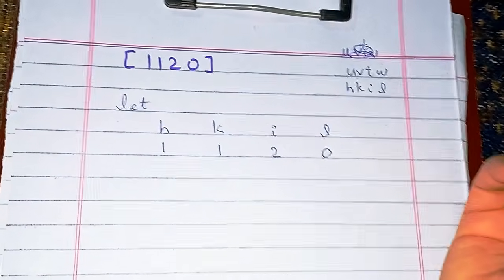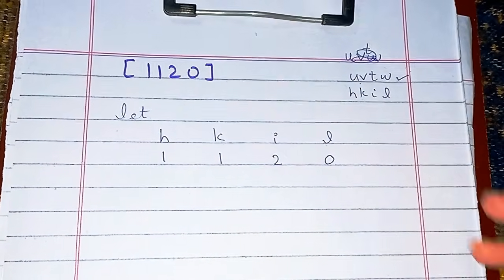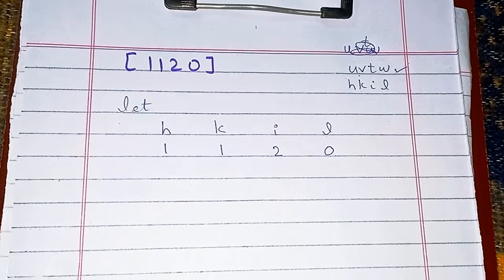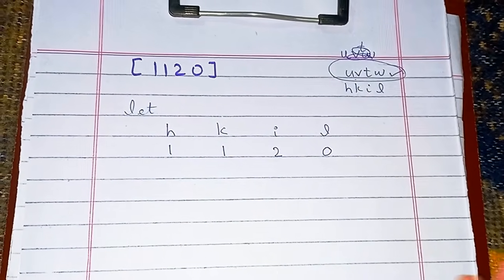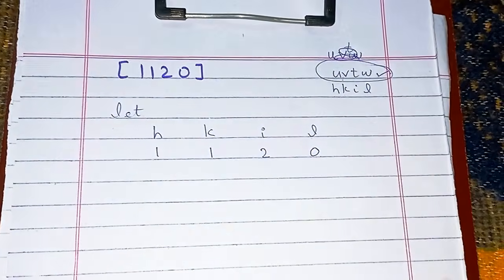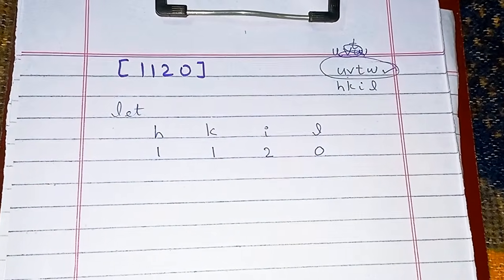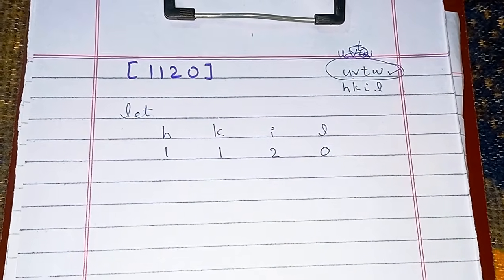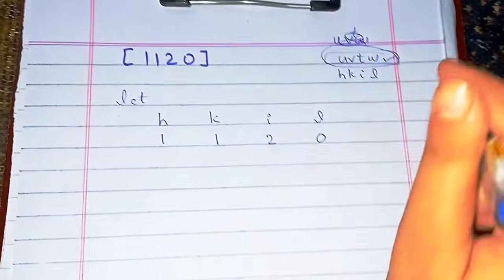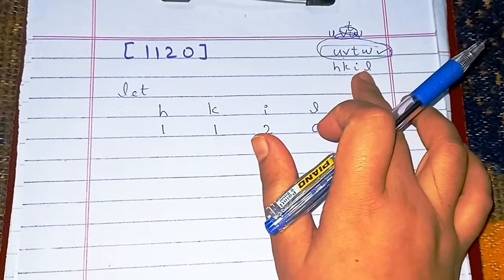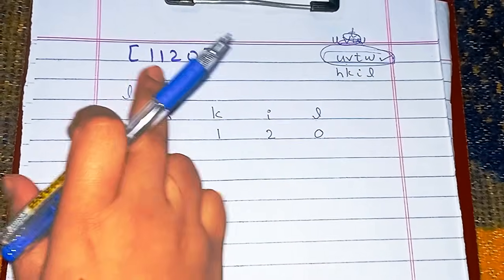I'll try my best to upload a separate video using the other notation, because sometimes students get confused, and this mix-match of notation makes them even more confused. In this video I'm using HKIL for Miller-Bravais indices.